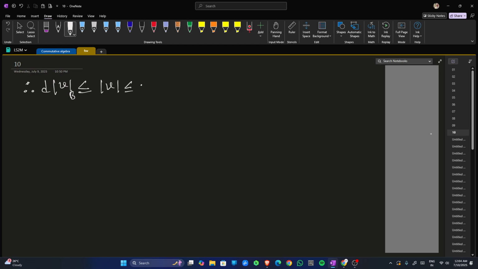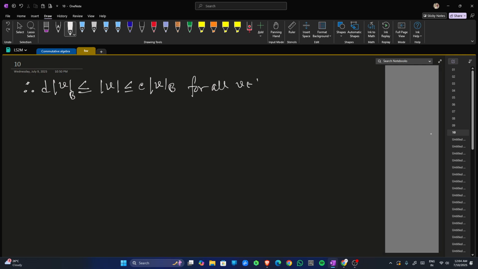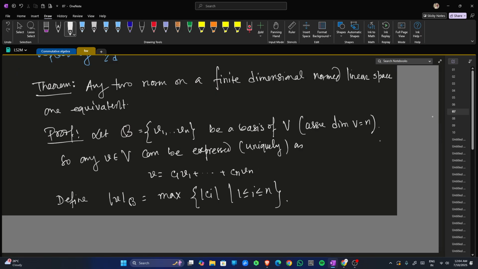It is D, it is C, for all v belonging to V. So we have proved that for a particular basis, the norm is equivalent to any norm.